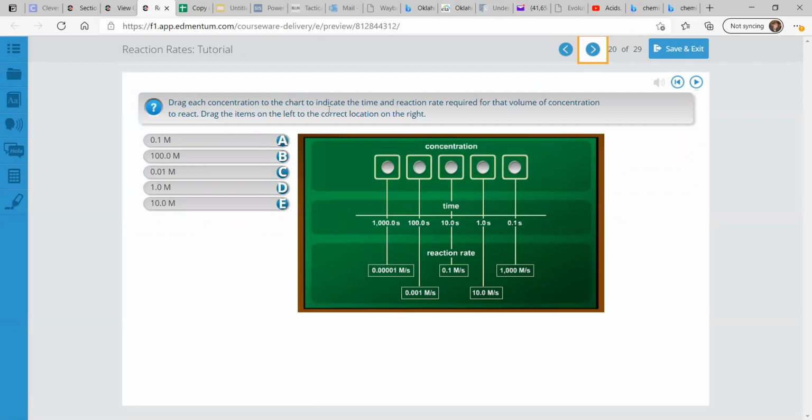Drag each concentration to the chart to indicate the time and reaction rate required for that volume of concentration to react. So you have the reaction rate and the time and the concentration.